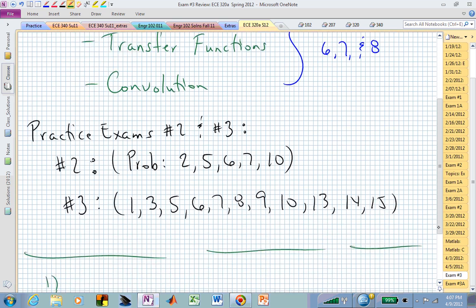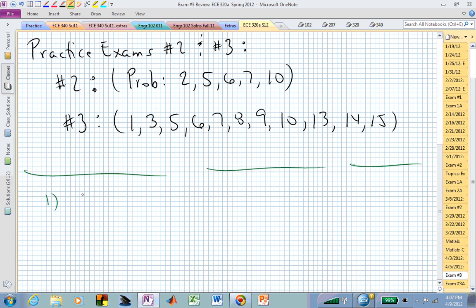In terms of the first topic, which is transform circuits, if I give you a circuit, whether that has independent sources, dependent sources, op-amps, etc., you better be able to take it from the time domain into the S-domain. That's what I'm hoping. So you need to be well-versed in transforming circuits into the S-domain.